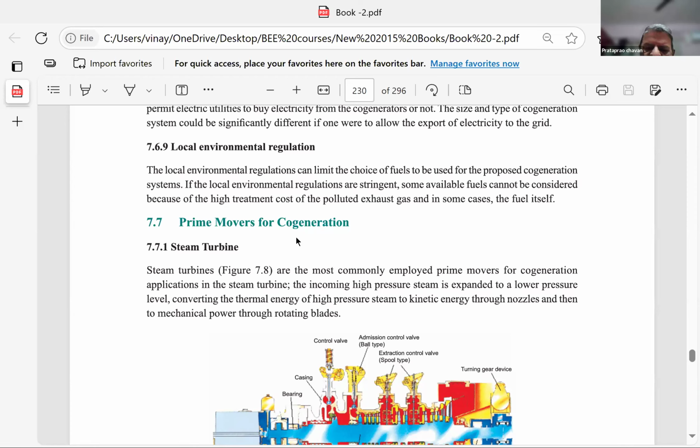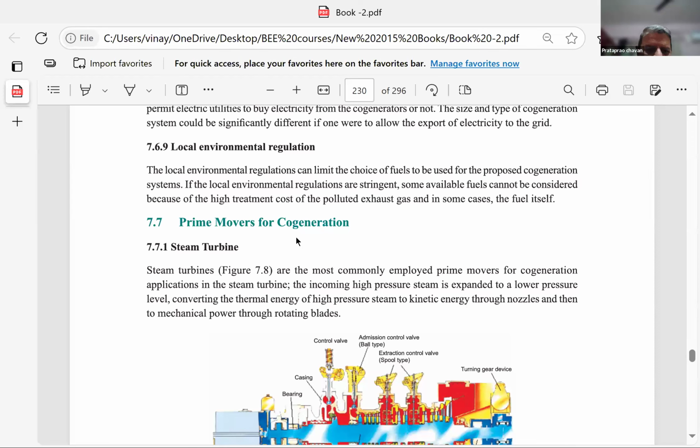Likewise, there are many site-based restrictions. So depending on where your factory is located, where you want to put a cogeneration plant, all these will have a legal angle: whether legally you are permitted to execute that cogeneration plant requirement, right?